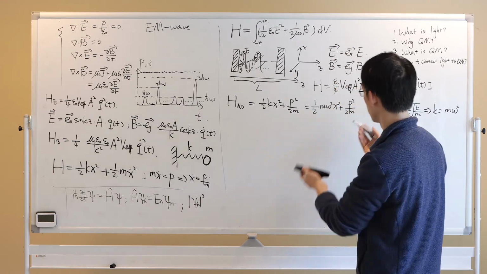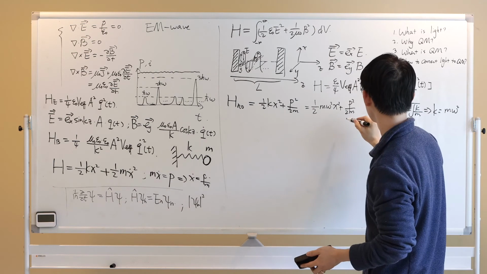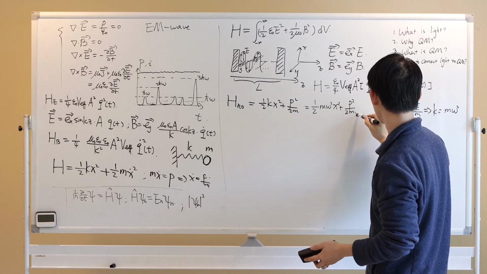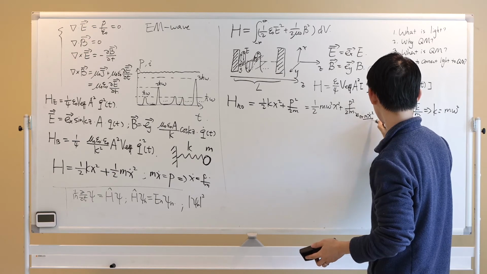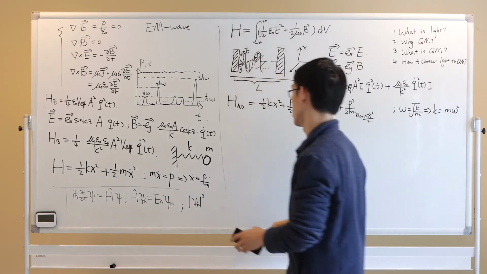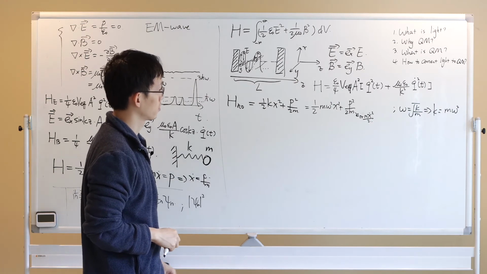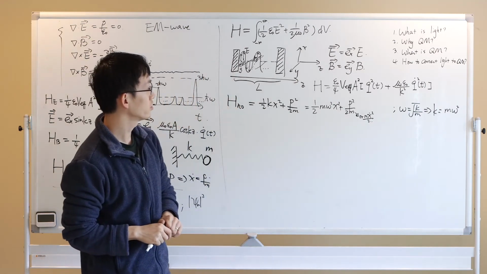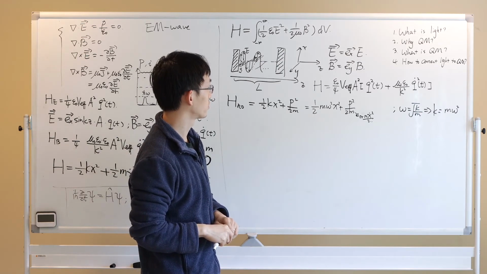So it can be either this one, or it can be with 2m, either one represents your momentum.